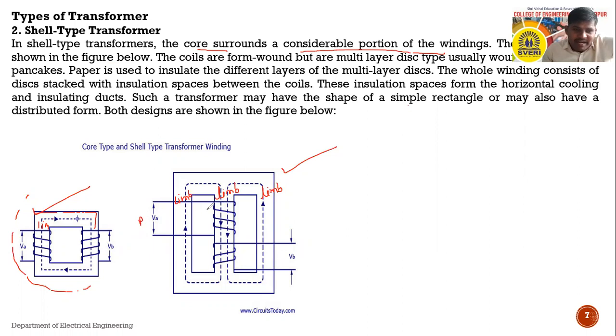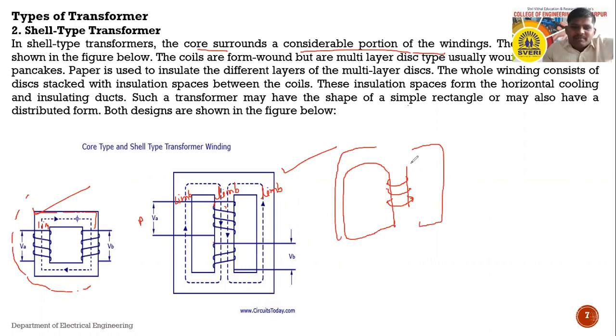Suppose this is the primary winding, wound here, and this one is the second winding, which is also wound cylindrically. On that winding, this one is a limb, and again here is another limb.